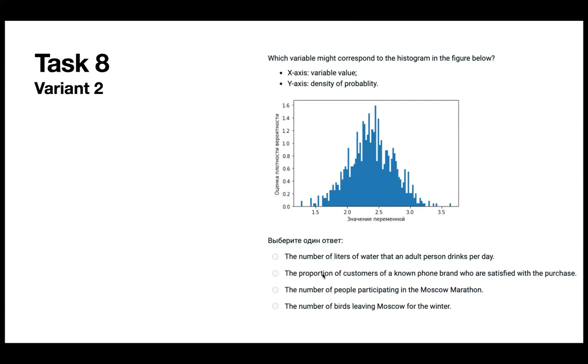The second is the proportion of customers of a known phone brand who are satisfied with the purchase. So here, the most popular value is 2.5. So there can be such a proportion.